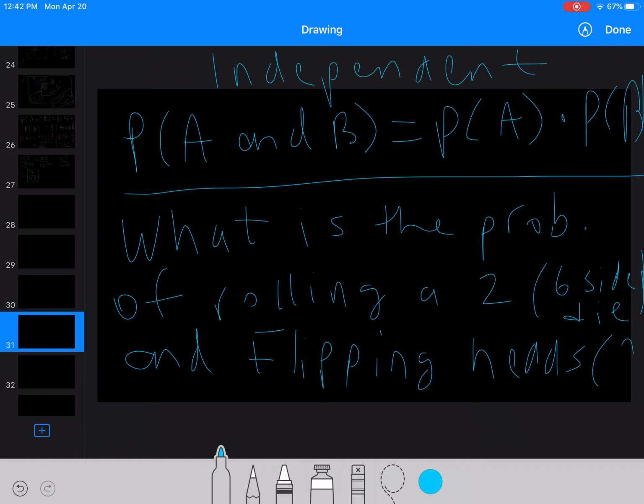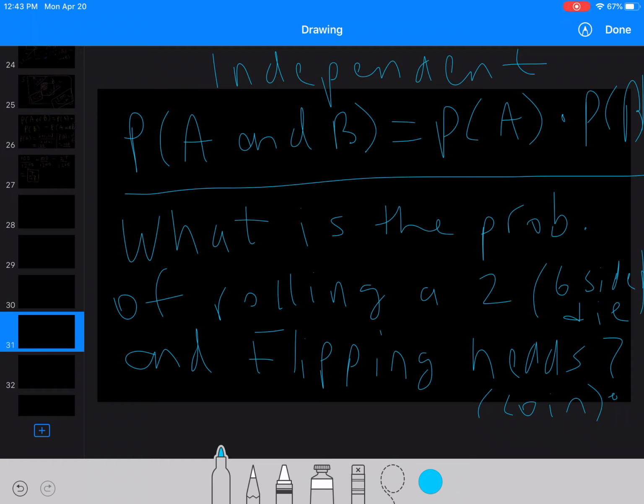Okay, and this is a two-sided, just a regular old coin, so there's just a regular coin for the heads or tails. Two possibilities. The question is, what is the probability of rolling a 2 on a six-sided die and flipping a heads on a regular fair coin?